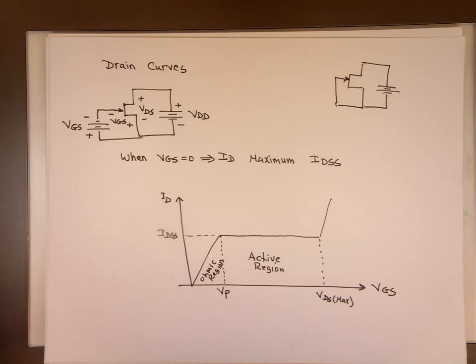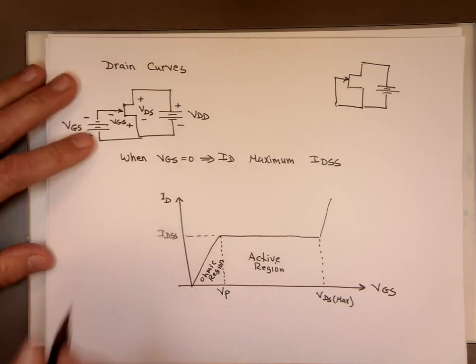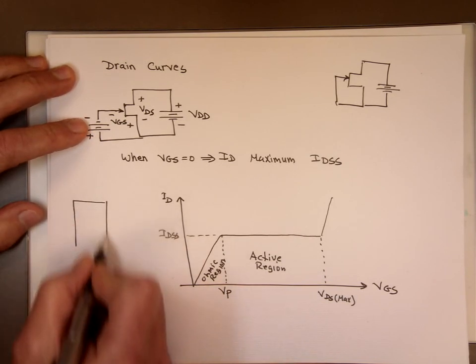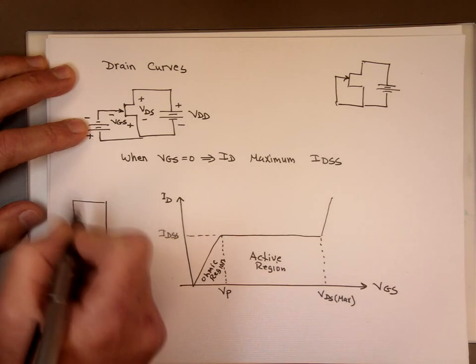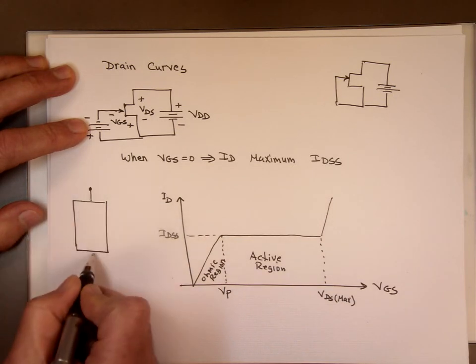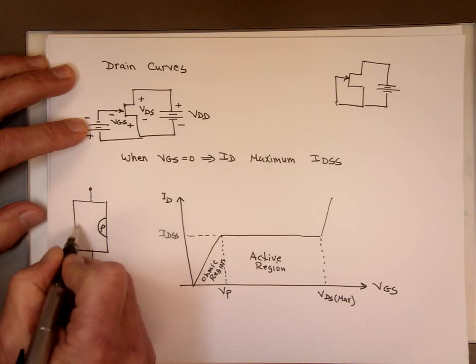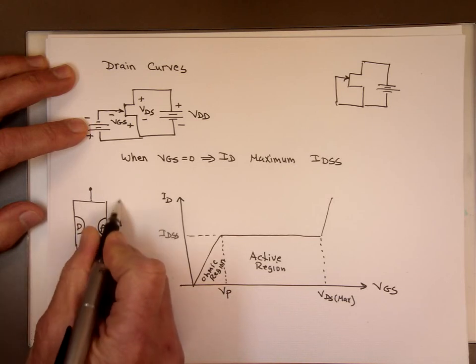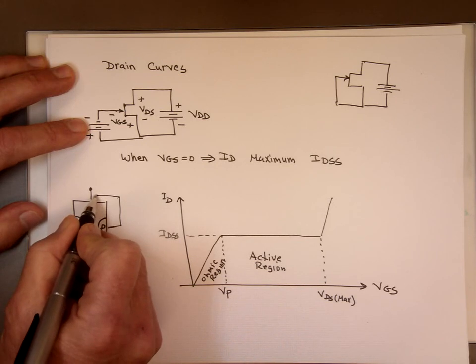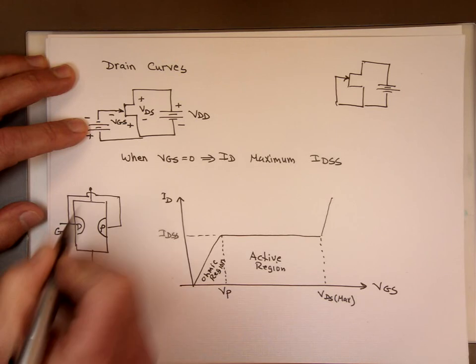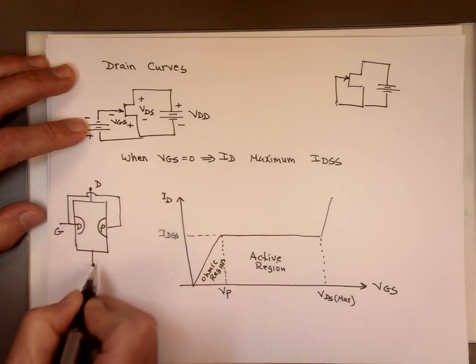Remember when we looked at the previous video, we said if you look at that JFET, it will look like this. This is the drain, this is the source, you get the P here. These two are really connected together. Internally they are connected together and they come out, and that's your gate, and that's your drain, and that's your source.